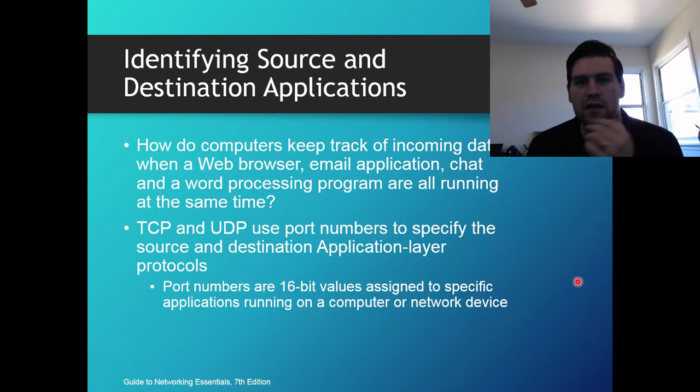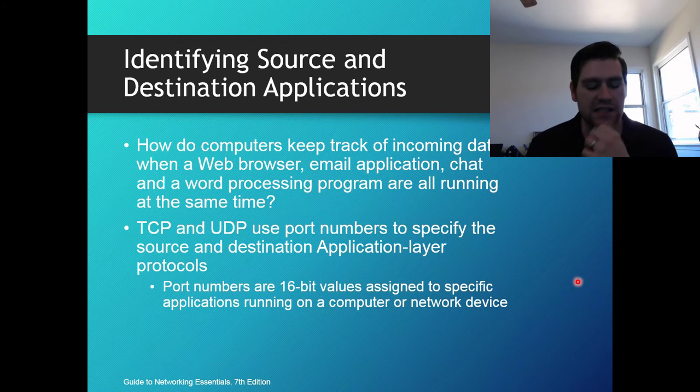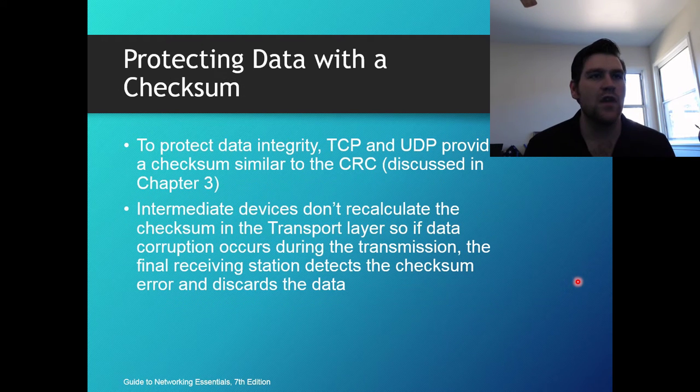I can't remember exactly, but it's about 65,000, and that's how many port numbers there are. Not all of them are assigned to specific applications or application layer protocols, but many of them are. And we went over a few.